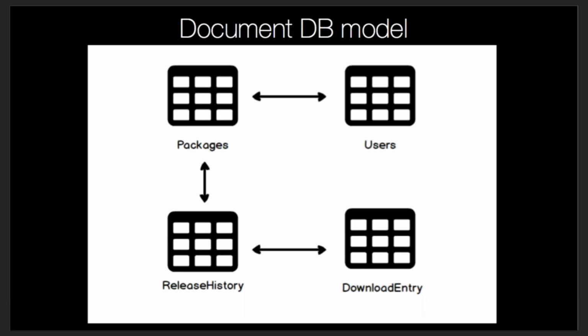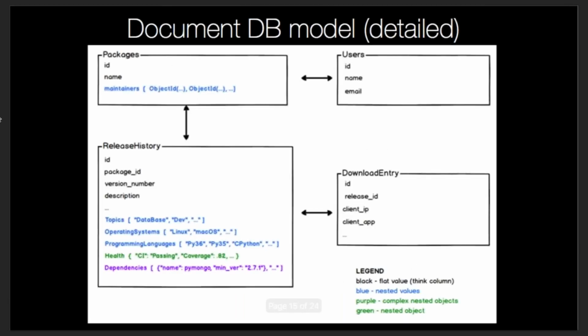Okay, so here's how we model this in Mongo. A lot of that complexity, all those little arrows relating pieces of data, are still here. But what happens in the document database is that we put those somewhere else inside the document. So if we dig into this, it would look something more like this.